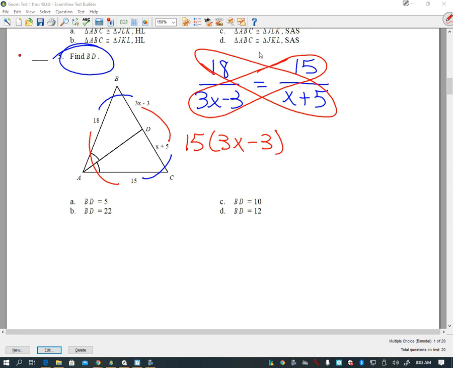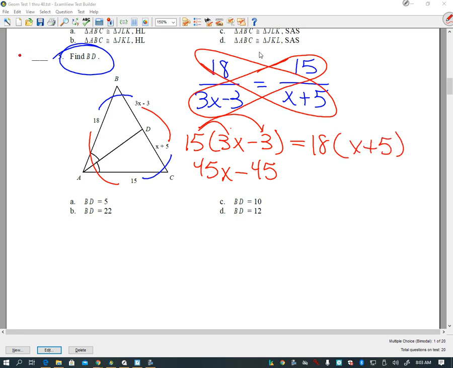So I could draw it up like this and show that distribution taking place. What is 15 times 3 though? So I should get 45x minus 45, right? Okay, and on the other side, what do I have? 18 times x plus 5.